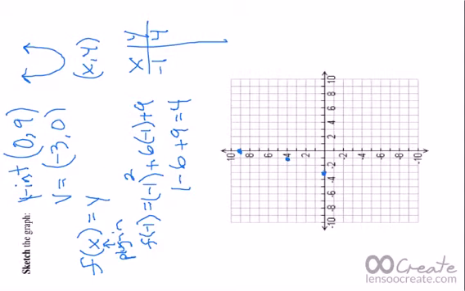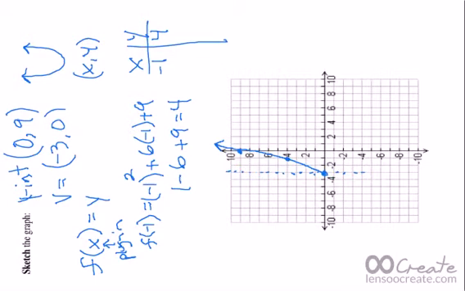Okay. Now, you can actually mirror this and create it, or you can just keep putting in numbers for your input-output table. I'm going to go to the left of our minimum, or our vertex, so I can get some points on the left side. Alright, remember now that the vertex here is actually going to be our axis of symmetry. So that's what cuts our graph in half. So right now we have half of our graph. If you want to plug in other points, I would go to the left over here.